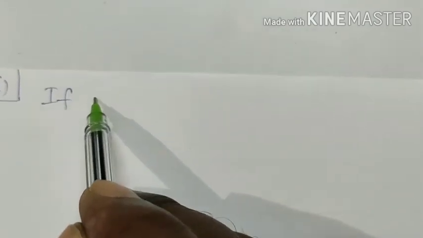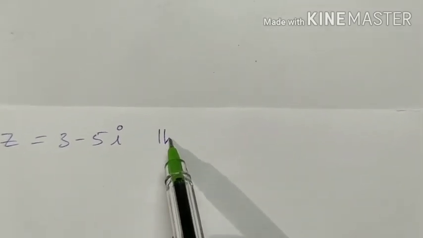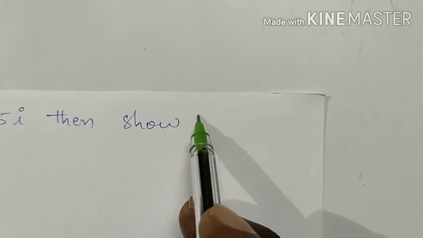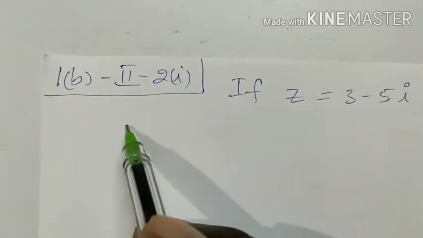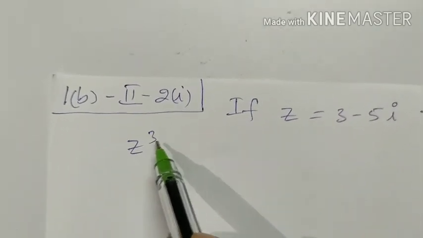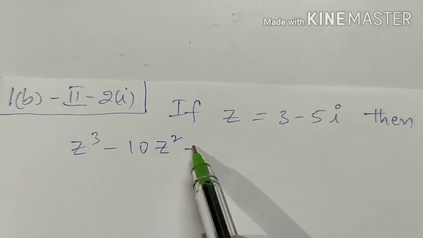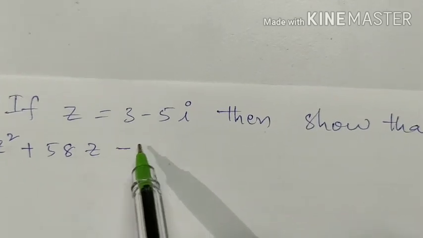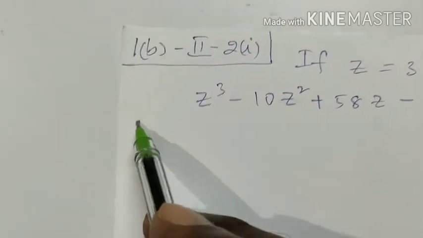If z is equal to 3 minus 5i, then show that z cube minus 10 z square plus 58z minus 136 is equal to 0.